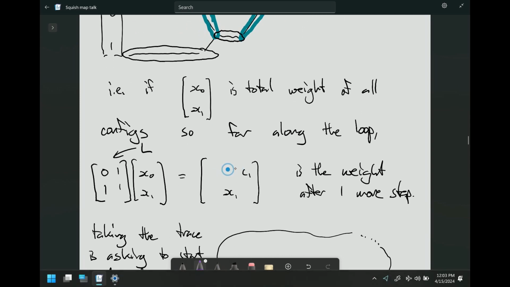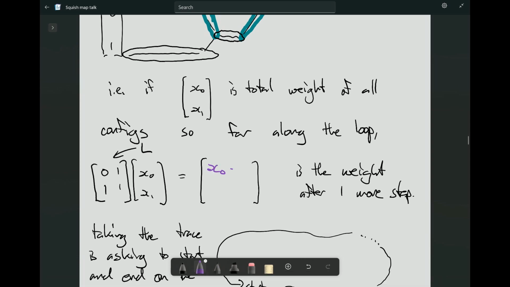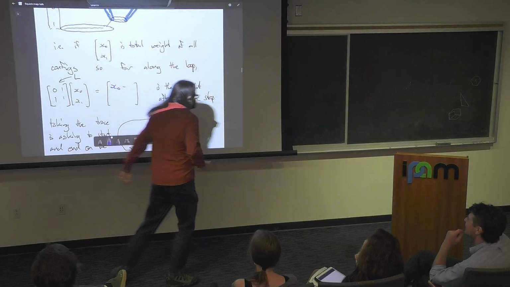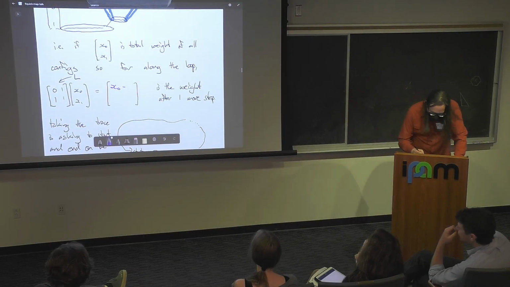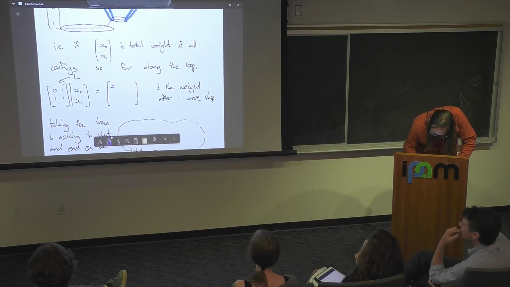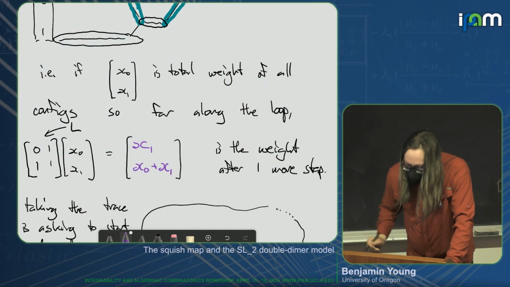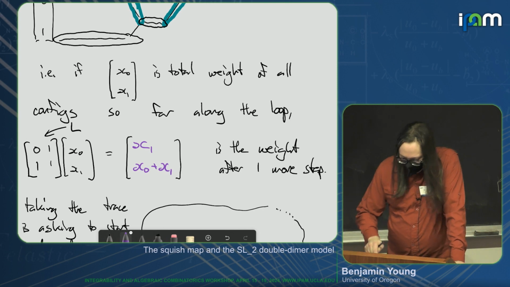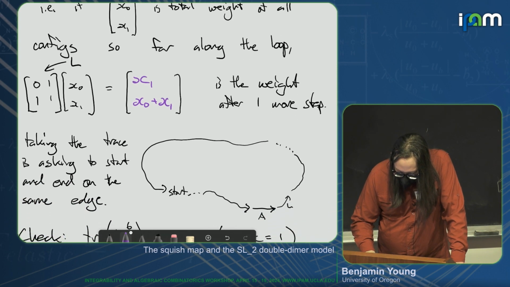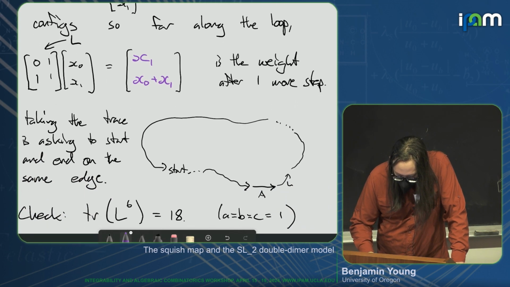I am a mathematician. Wait, what was this supposed to be? You got x1 and then x naught plus x1. Fantastic, yeah, and I failed it. But I passed the revision.